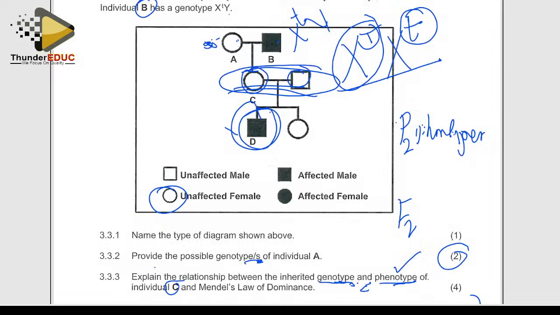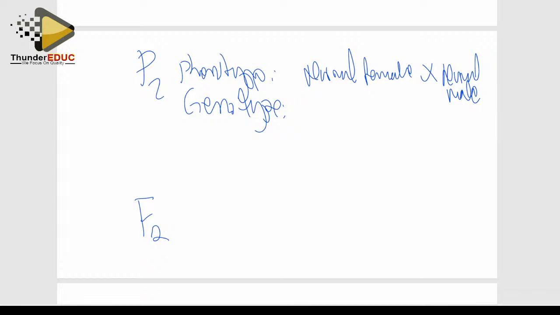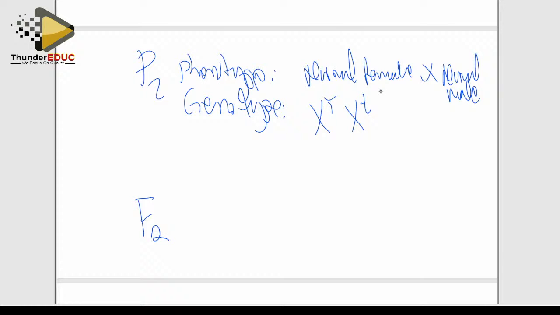Then the genotype, when we see it here, we say that this is heterozygous, and this is normal. So it's gonna be X capital T, X small t crossed with normal male, which is X capital T Y. Then you say meiosis.